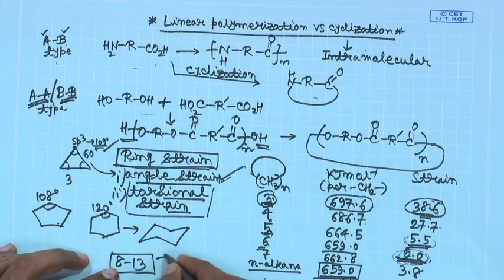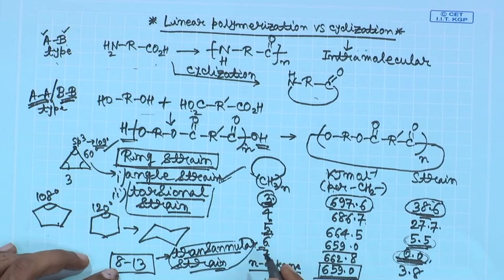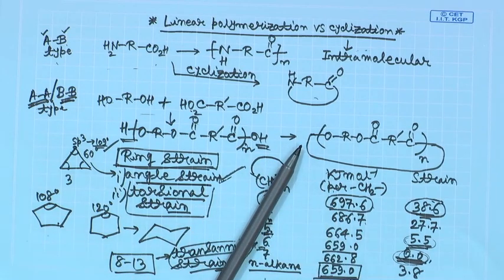That is because of what you call transannular strain. What will happen is that these big rings will have some of the atoms directed towards the inside, and those atoms can come very close, and then there will be some strain energy. So, that is your transannular strain.